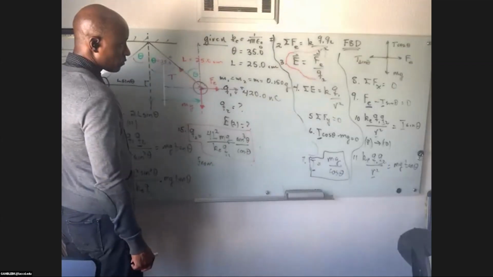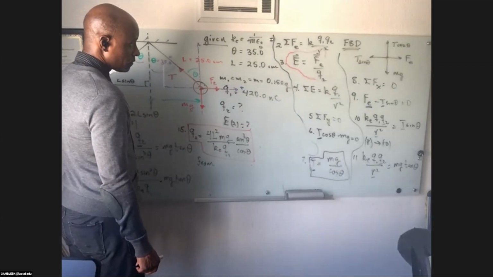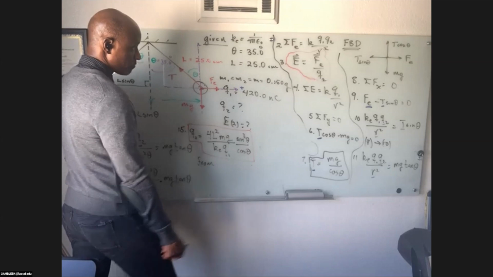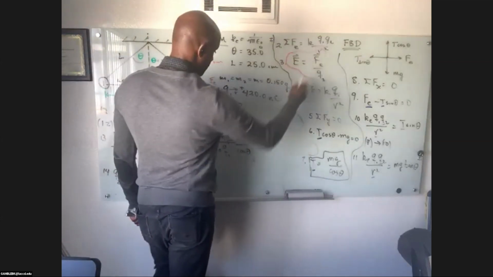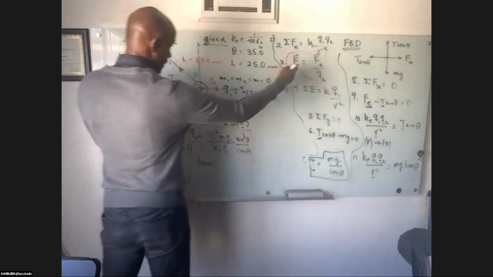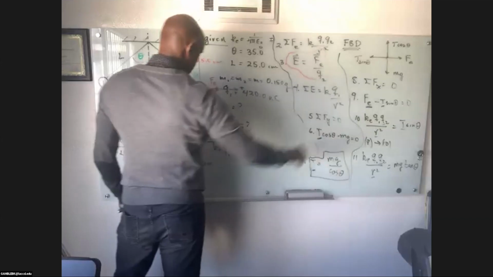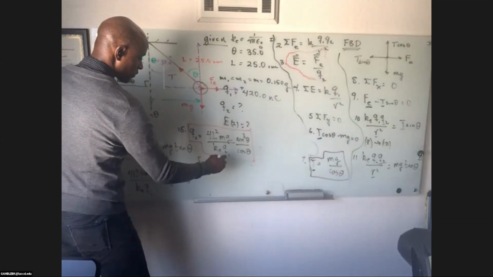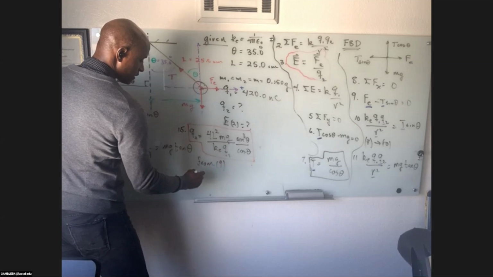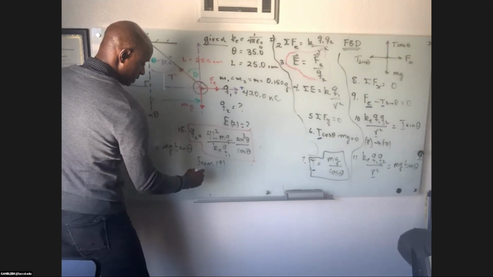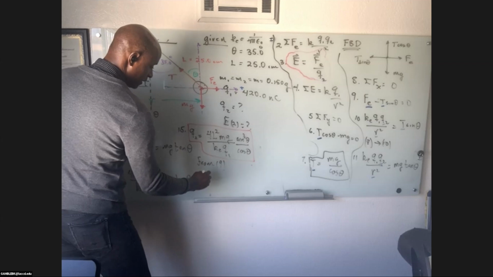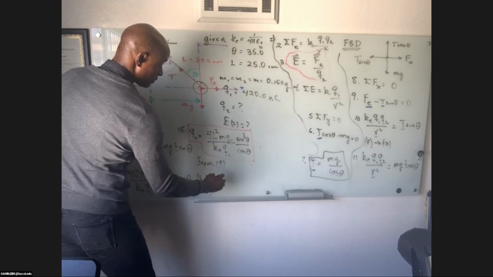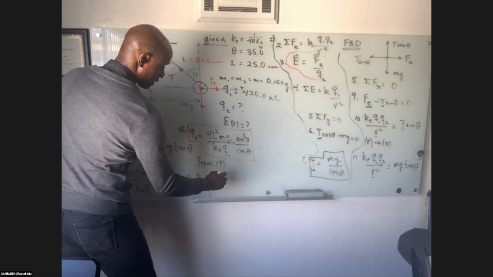And so the unknown in that case, basically the two unknowns are Q2 and FE, but now that I know Q2, I have to get FE, but I can get FE from equation 9. So from 9, you see that FE is equal to basically T sine theta.